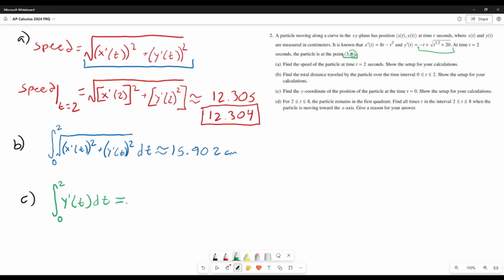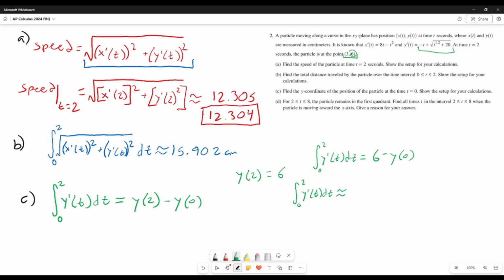And because this is fundamental theorem, we know that this is going to be equal to the y coordinate at 2 minus the y coordinate at 0. The integral from 0 to 2 of y prime of t is equal to 6 minus y of 0. And this integral, when you plug it into a calculator, is approximately equal to 7.1736.